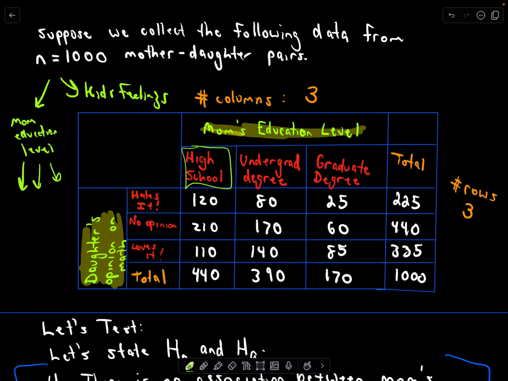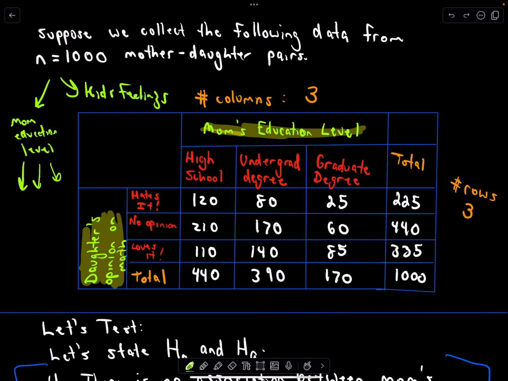She could have, again, a high school degree, undergrad, or graduate. And in this case, the daughter's opinion on math, I broke it down into three as well. She either hates it, she has no opinion on it, she's indifferent, or she really likes math, okay? And notice in this case, I've got 1, 2, 3 columns, and I've also got 1, 2, 3 rows.